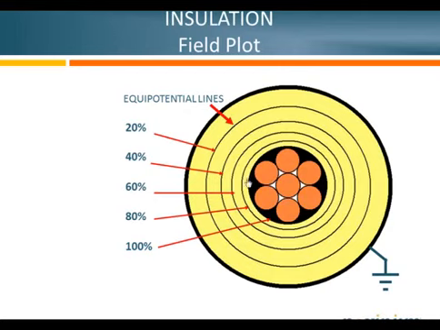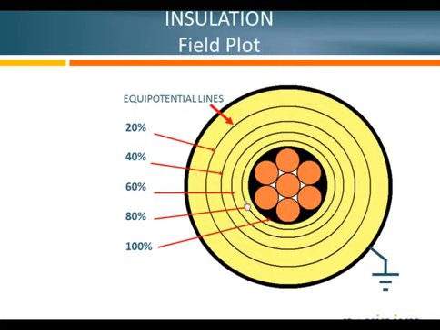So if you have a 7200 volt phase to ground system, which is a 12470, you'll have 80% of that 7200 volts at this location, 20% here, and of course 0 on the outside because it's at ground potential. So you can see that the equal potential lines are closer together near the conductor, and the closer together the equal potential lines are, the higher the electrical stress at that particular location.